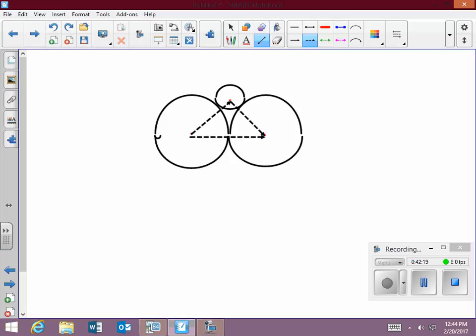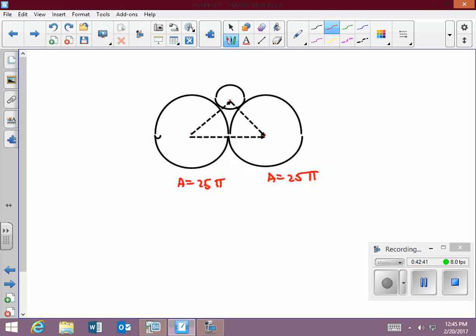And they say the areas of the two large circles are both 25 pi. So the area here is 25 pi. Area here is 25 pi.